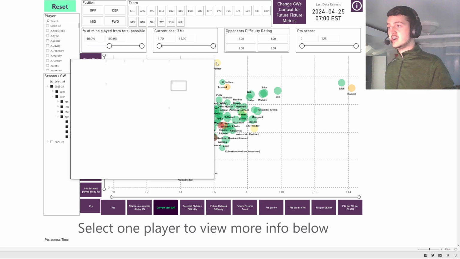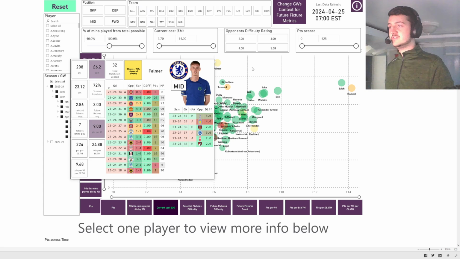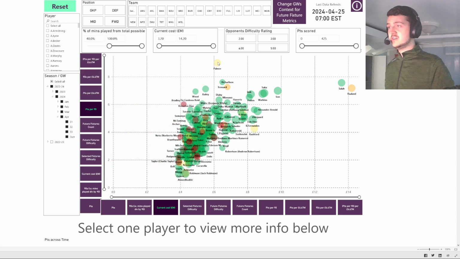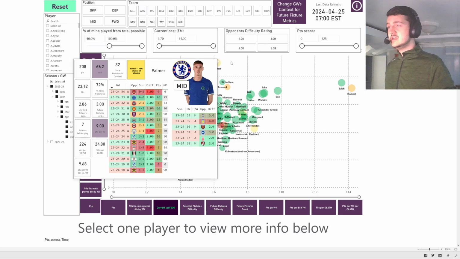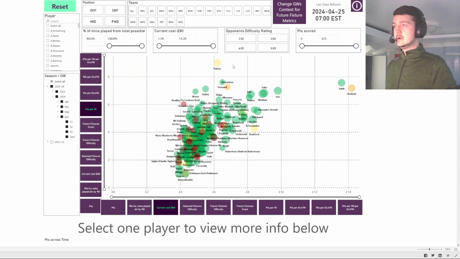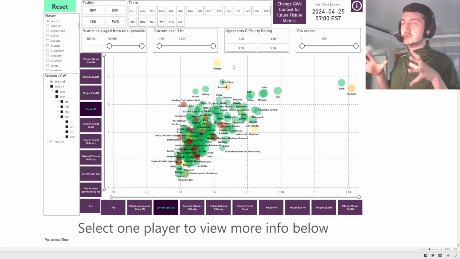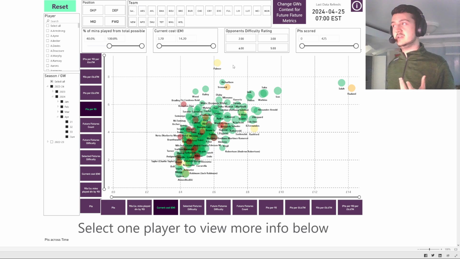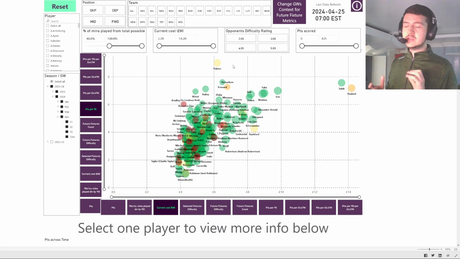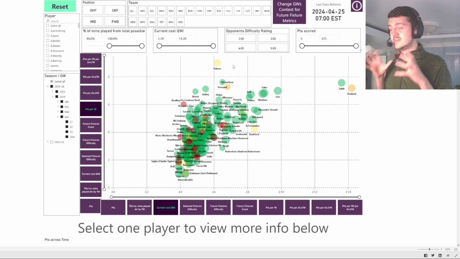Similarly, if I hover over one player, it will take a solid 5 seconds to load. But then if I hover on off and then on again, it loads much quicker. So I'm trying to improve these things, and those are my main focus to improve. I want to make the report feel snappy, and it's not there at the moment. But in terms of the bells and the whistles, I think the report is in a very good shape.